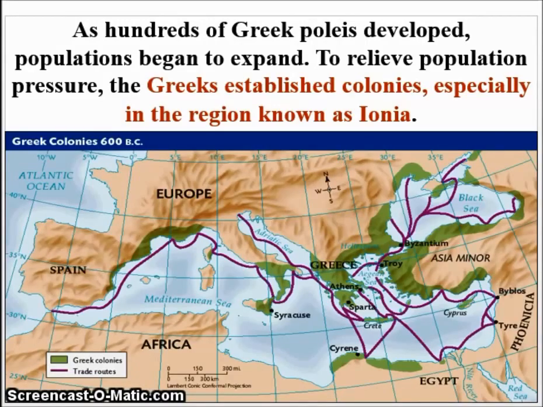And as I mentioned earlier, Greece is a harsh land with very limited resources and certainly limited farmland. So that will trigger endemic competition and endemic warfare amongst the Greek polis, each looking to expand its holdings at the expense of its neighbor.